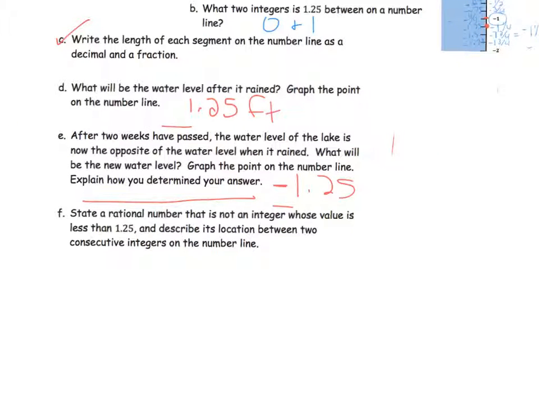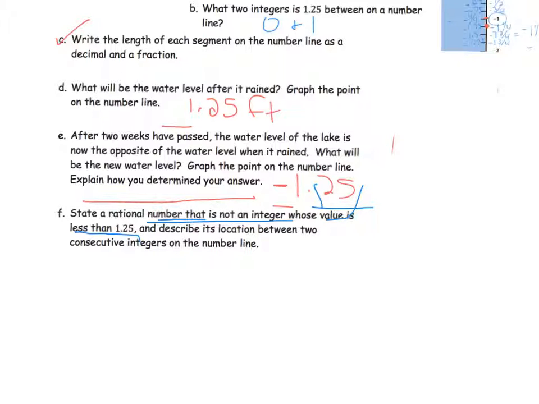All right. Last question on this slide, and the last slide actually. State a rational number that is not an integer. And that's kind of misleading because integers are always rational numbers. Rational numbers are not always integers. So we need something that has a part. If we want a rational number that is not an integer, we need a part, like a decimal or a fraction, whose value is less than 1.25, and describe its location between 2 consecutive integers.